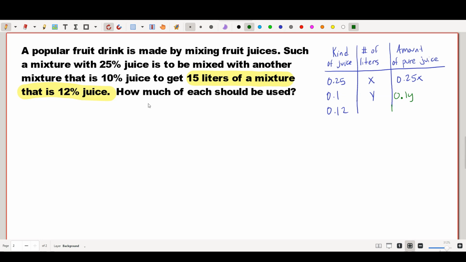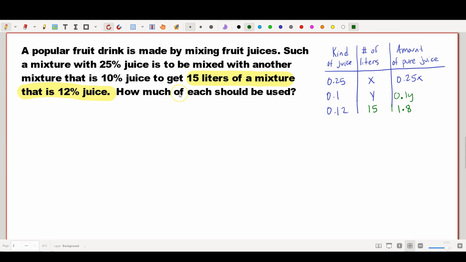We want 15, so we know that this is going to be 15 here. That's what our end result is going to be. And how much pure juice is going to be in this last mixture? Well, we could just multiply 15 times 0.12, and that gives us 1.8 liters of pure juice.